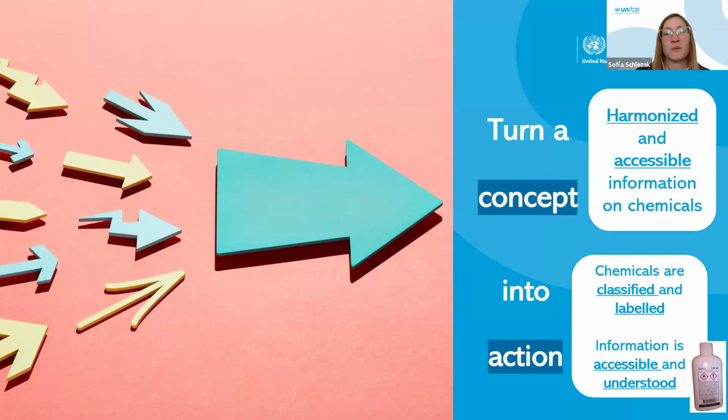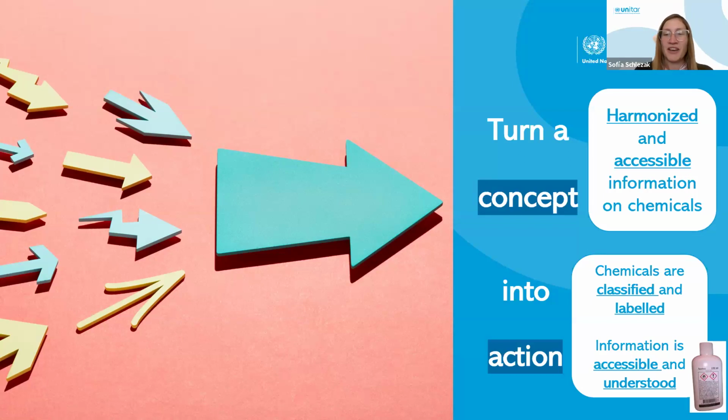So the action would be what we would like to see: chemicals are classified and labeled. And it's not only about that, as Leonard previously explained, and I took very quickly this image from his presentation.